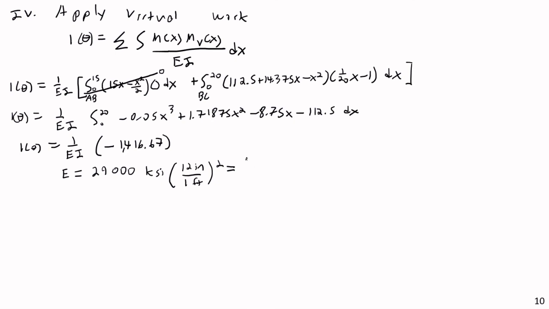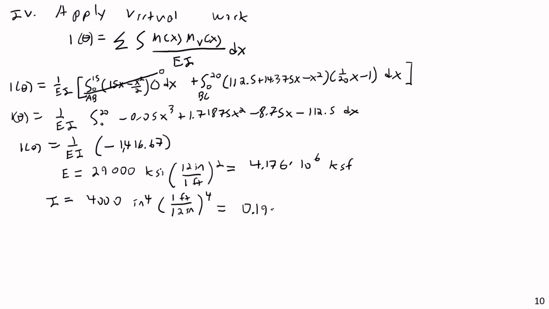And I get a modulus of elasticity of 4.176 times 10 to the 6 KSF, kips per square foot. And I, our moment of inertia, is 4,000 inches to the 4th power. That was the provided moment of inertia of the beam and the column, times 1 foot over 12 inches, to convert this to feet, and take that conversion to the 4th power. And I get a greatly reduced number, although equivalent of course, 0.193 feet to the fourth power.